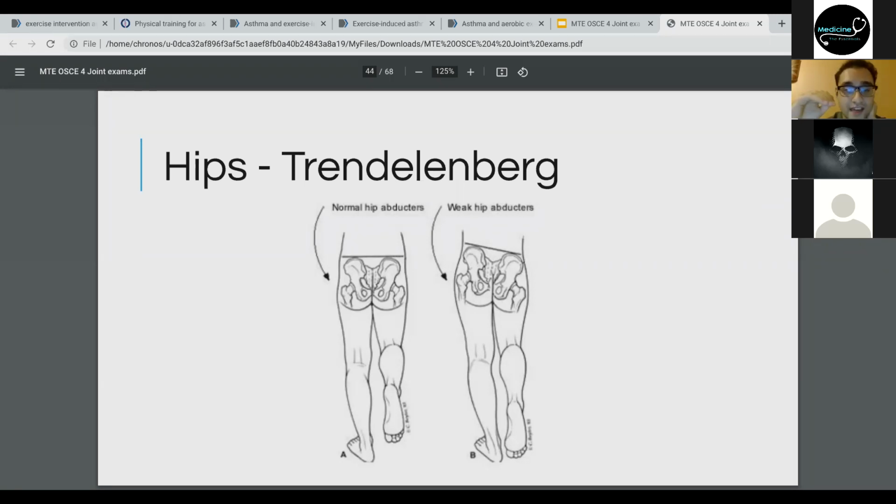If you have weak hip abductors for any reason, so weak glutes, you will tilt away from the affected side. So if you take this picture as your example, this person has weak glutes on the left because they're not able to pull the right side of their pelvis up level when their foot is taken off the floor. They're not able to compensate for the lack of stability.